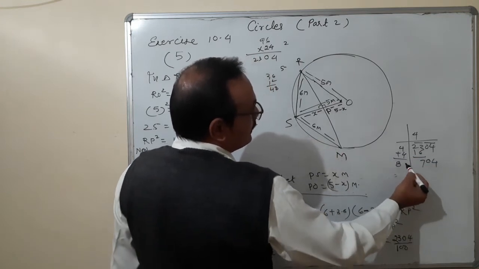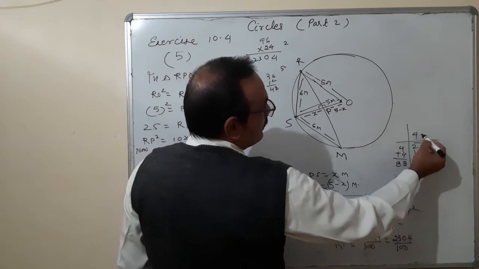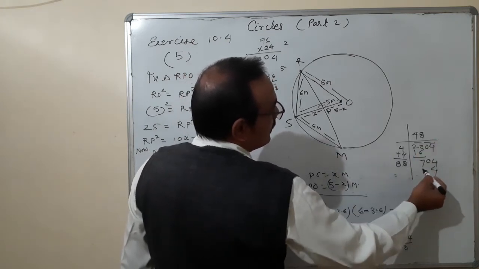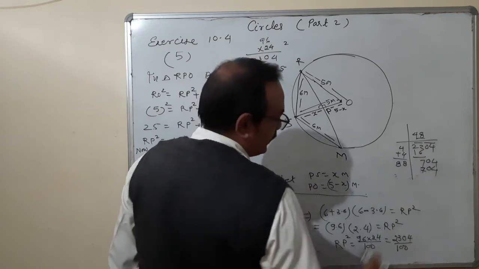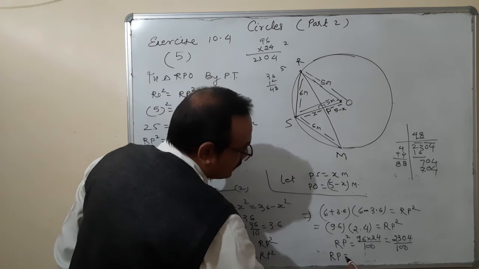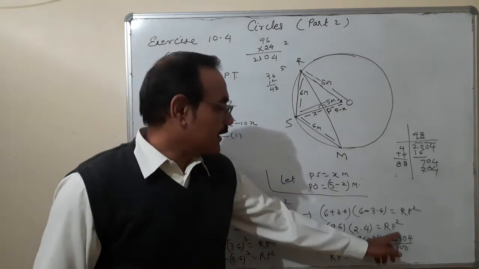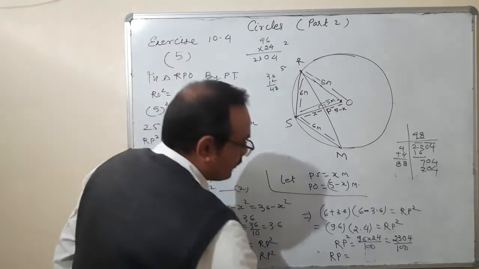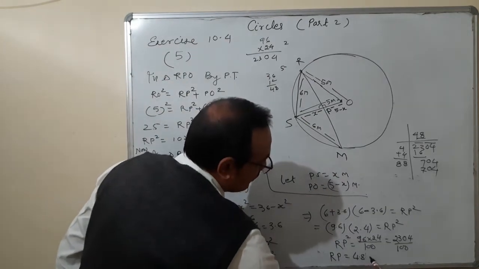After that, 8 8s are 64, plus 6, 70. 48. So that means, may I write here, RP is equal to 48 square upon 10 square. So 48 upon 10, 4.8 meter.